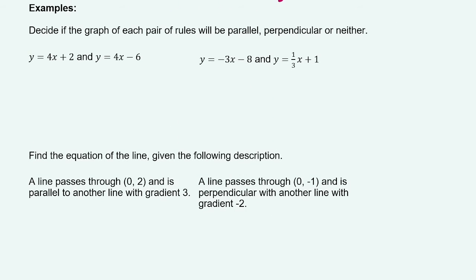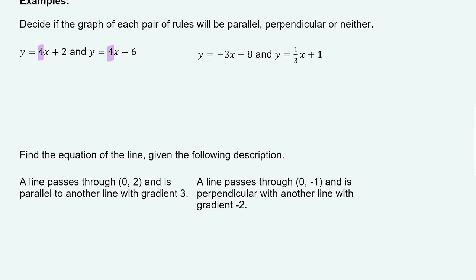Here we go. First of all, decide if the graph of each pair of rules will be parallel, perpendicular, or neither. Let's look at our first one. First of all, let's look at our gradients. Here's our gradient, here's our gradient. Those numbers are in fact the same.